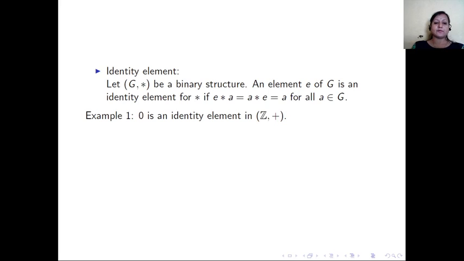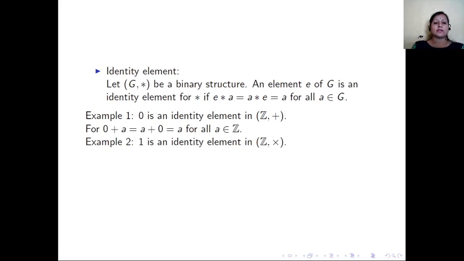Let us consider the first example. If you consider the binary structure Z with respect to addition, then 0 is the identity element, because if you add 0 to any integer, result is going to be that integer. So let us consider the second example.